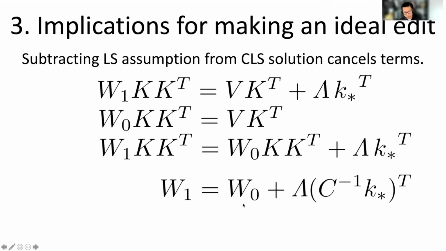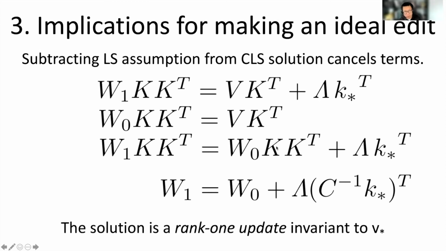The difference between the old weights and new weights is just this particular term. This C is the covariance matrix of the input features, this K star is the input feature we would like to enforce, and this lambda is a vector. It's a rank 1 update.